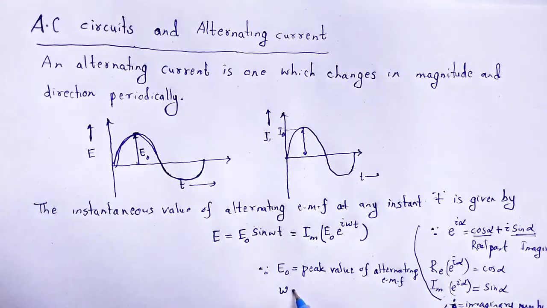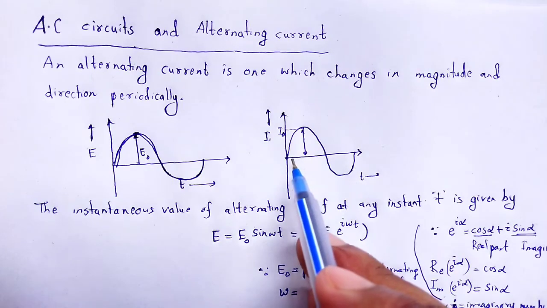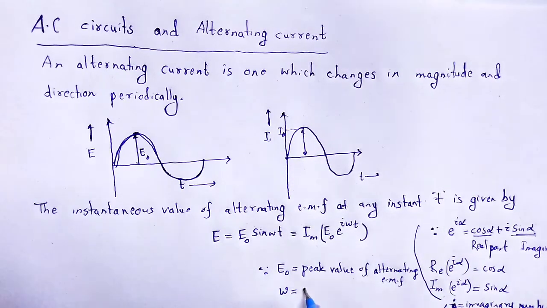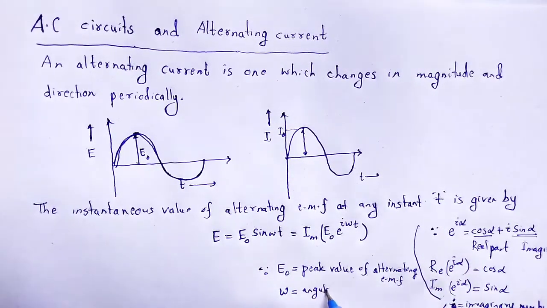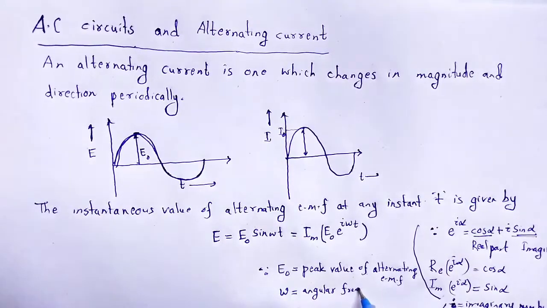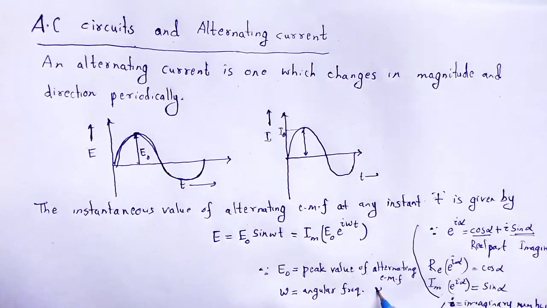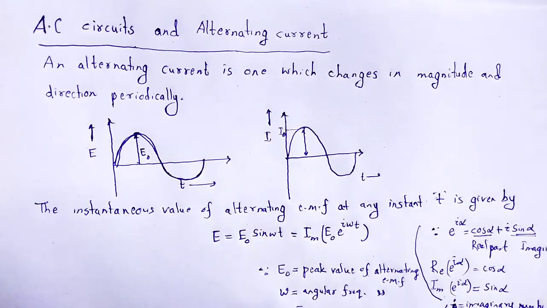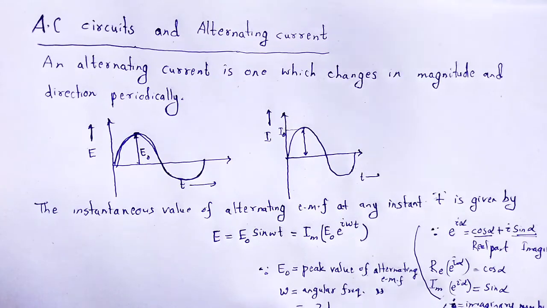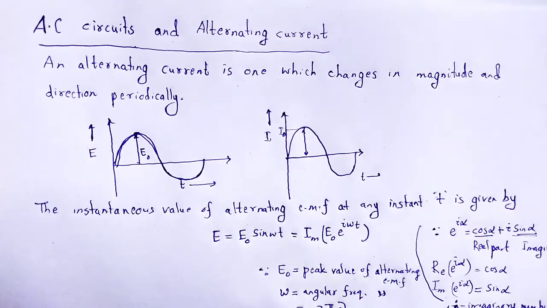Omega is the angular frequency of the alternating EMF, which is equal to 2 pi nu.